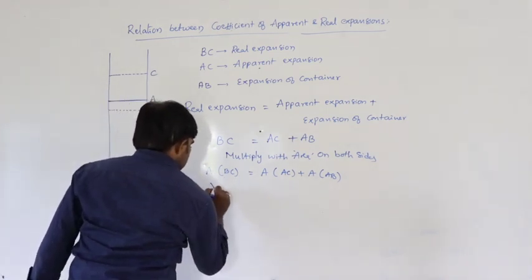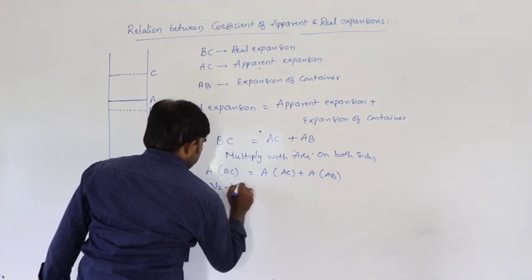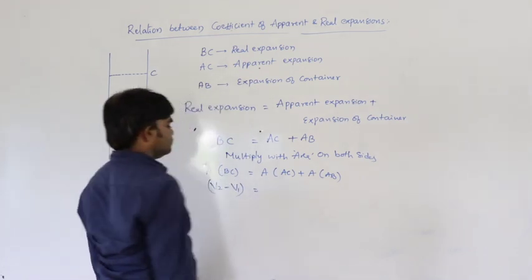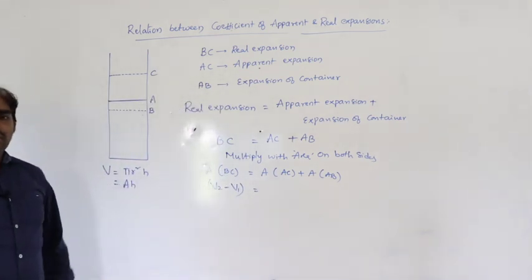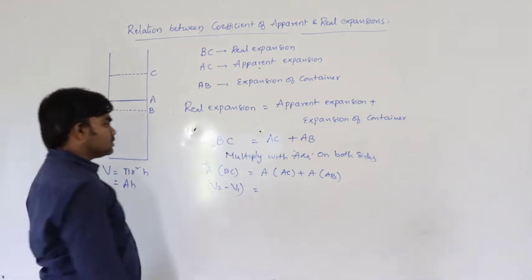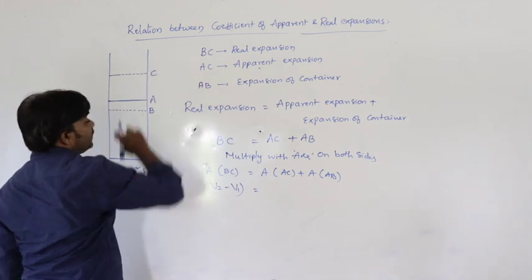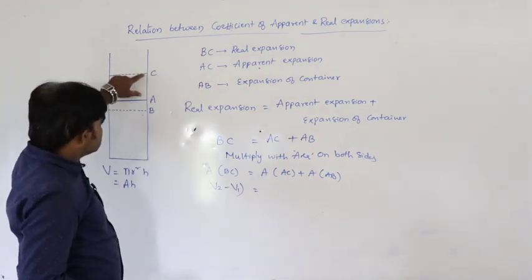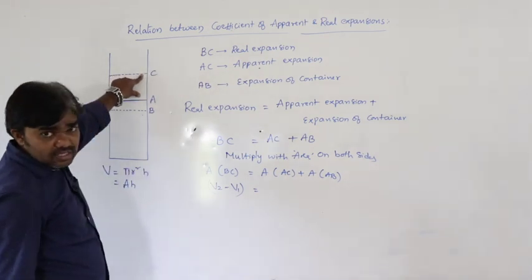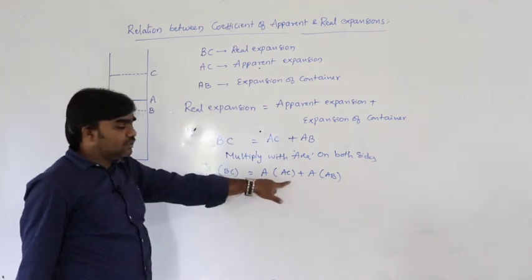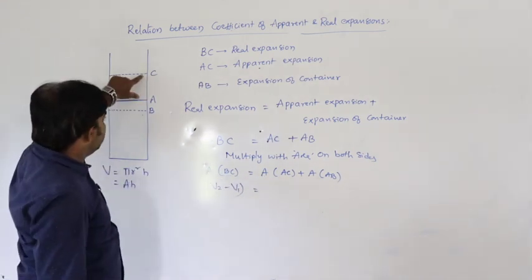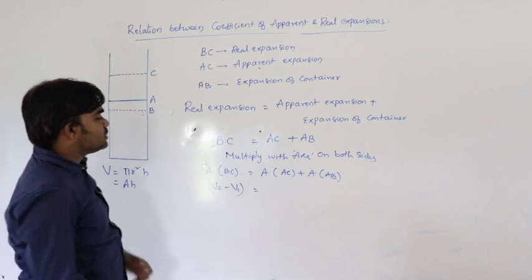So real increase in volume is V2 minus V1. Next, A into AC. What is this? Apparent increase in volume. AC is the apparent increase in length, but area into length is nothing but volume. That's why A into AC is the apparent increase in volume.